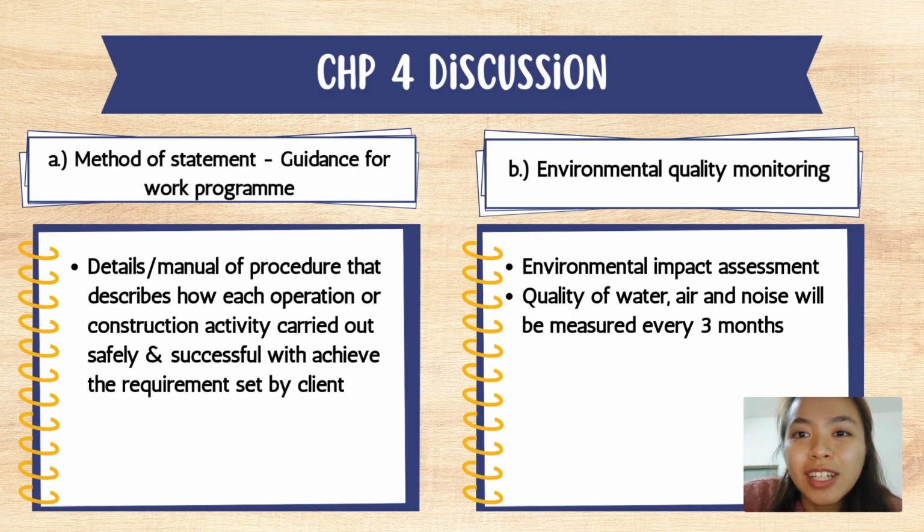Okay, for the discussion, A is the method statement, which is a guidance for the work program. The guidance for the work program is the detail or manual of procedure that describes how each operation or construction activity is carried out safely and successfully, achieving the requirements set by the client. B, the environmental quality monitoring. The environmental impact assessment and the quality of water, air, and noise will be measured every 3 months.